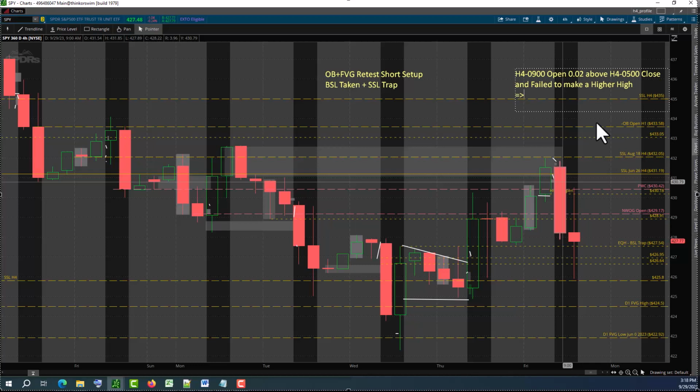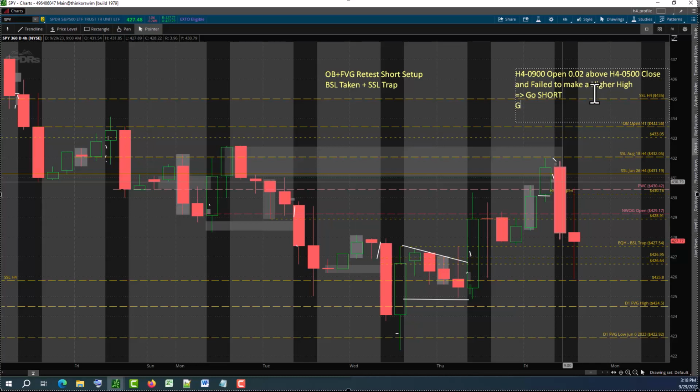Then that gives us a signal to go short. Okay, that's our idea. So it opens above the prior close, the up close candle, and fell to make a higher high, and we go short, right?